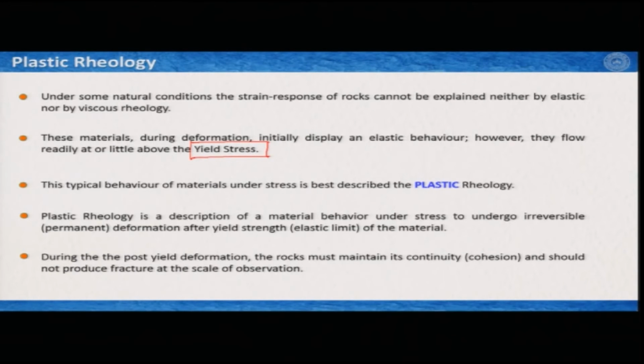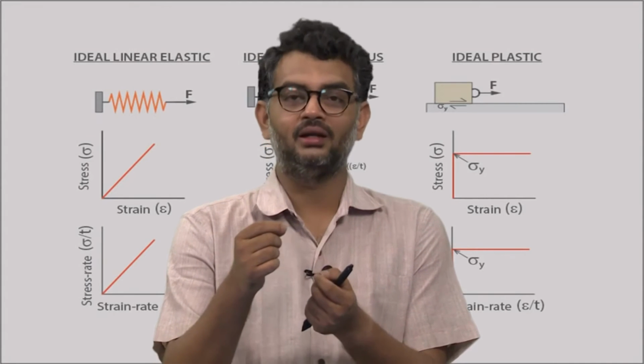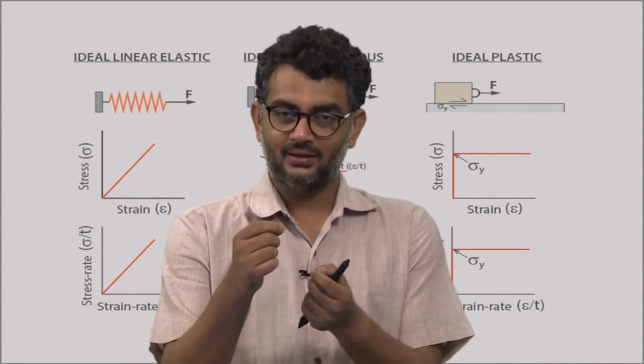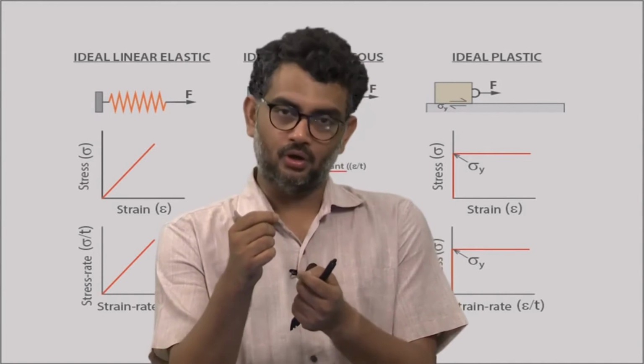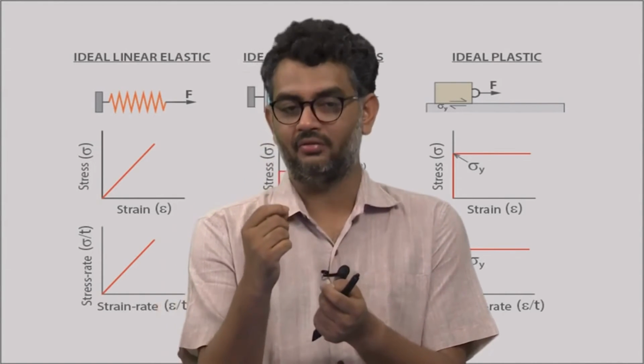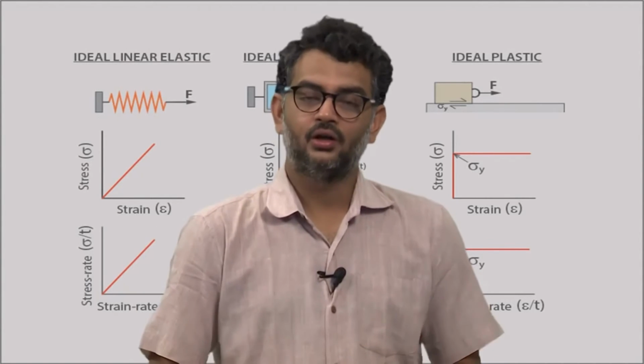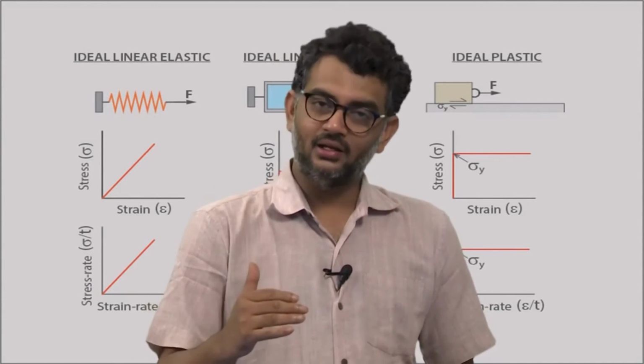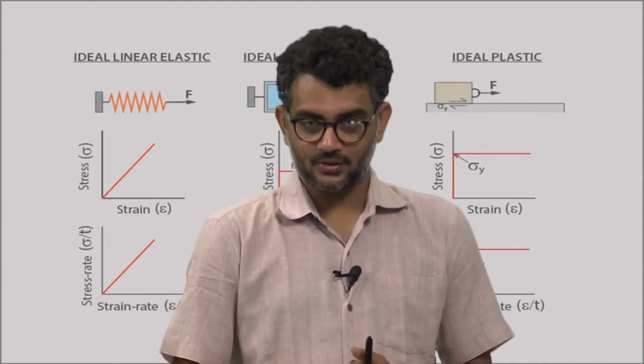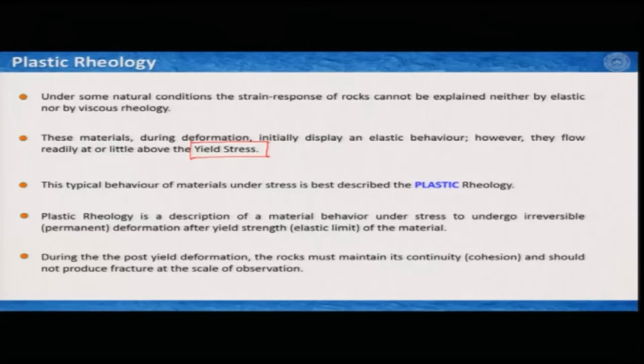So, in a nutshell, you need to deform it elastically initially, and then once you reach a typical value of this elastic stress, which we have referred to as yield stress, then the materials do flow either at the yield stress or a little above the yield stress, and this typical behavior of the material under stress is best described by a rheology called plastic rheology. Now, plastic rheology is essentially a description of a material behavior under stress to undergo irreversible or permanent deformation after the yield strength.